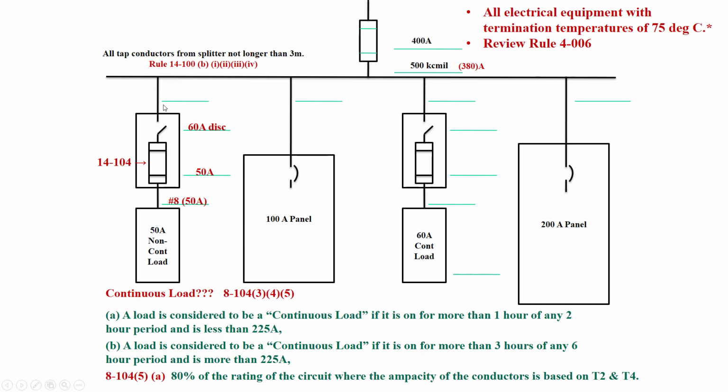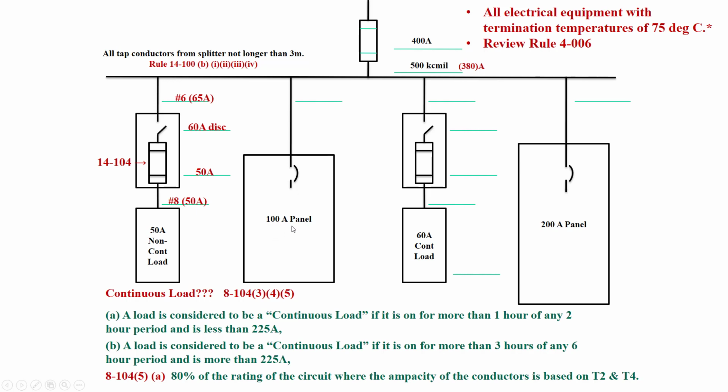So we have to size this tap conductor here at 60 amps. So if we go to Table 2, 75-degree column, and look up 60 amp, we'd see we'd have to bump that up to a number 6. So our size of our tap conductor here from our splitter to our fusible disconnect is going to be a number 6.